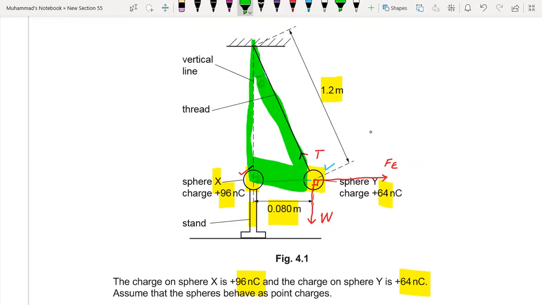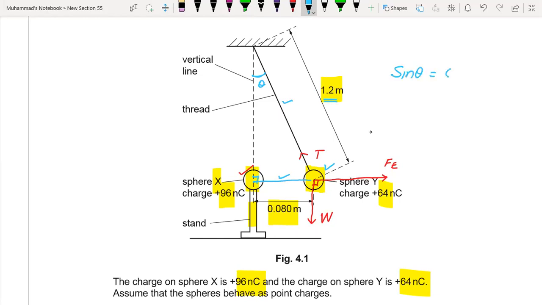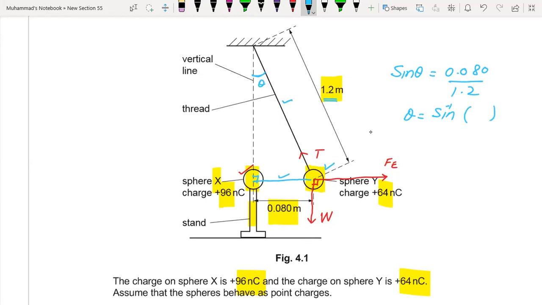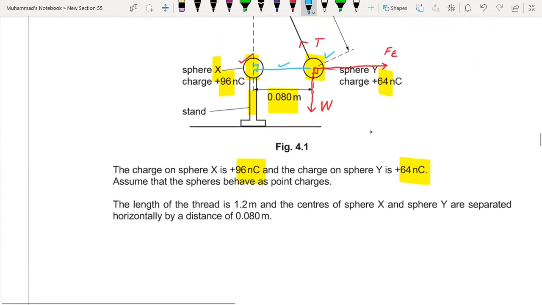So I can easily find that theta, as I know the hypotenuse of this triangle and the opposite side. So I should use sine of theta. Sine of theta is 0.080 divided by 1.2. So I will find sine inverse of this to find theta. Then I will find the electric force.